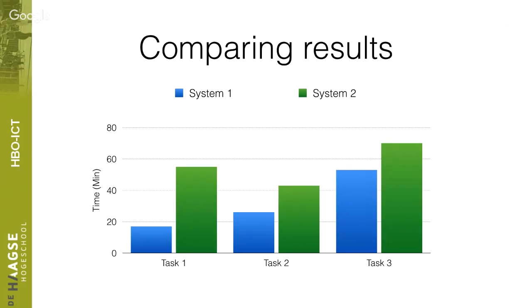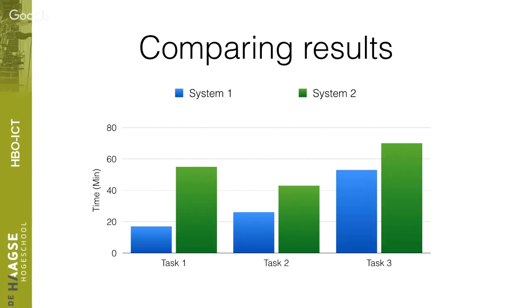When you are done, we are going to compare the Featuresbund route planner with the Google Maps route planner. So I want from everyone to have a figure that looks kind of like this, with the time that it takes to complete the task, the 3 tasks that we're going to do, and then we will have system 2, which is Google Maps, and system 1, which is the Fischersbund route planner, in order to visualize your results, to show me, your Opdrachtgever, how long it takes to do each of the tasks for both systems.